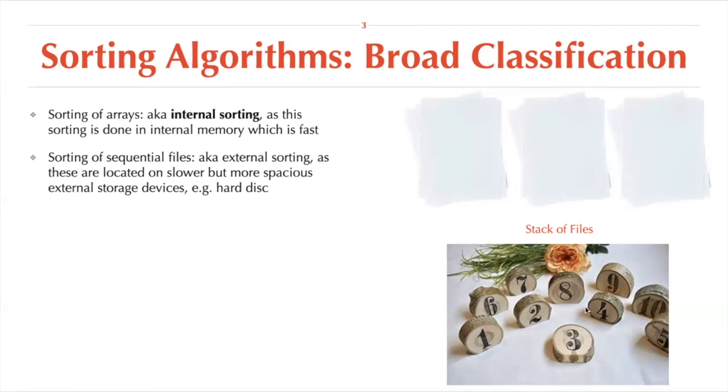All the elements are accessible and we can see all of them, so accordingly we decide on a sorting algorithm. But for sorting of sequential files, we have different piles of files. We can see three types of piles there, and we can only see the first or top file, so we use the sorting algorithm according to that only.